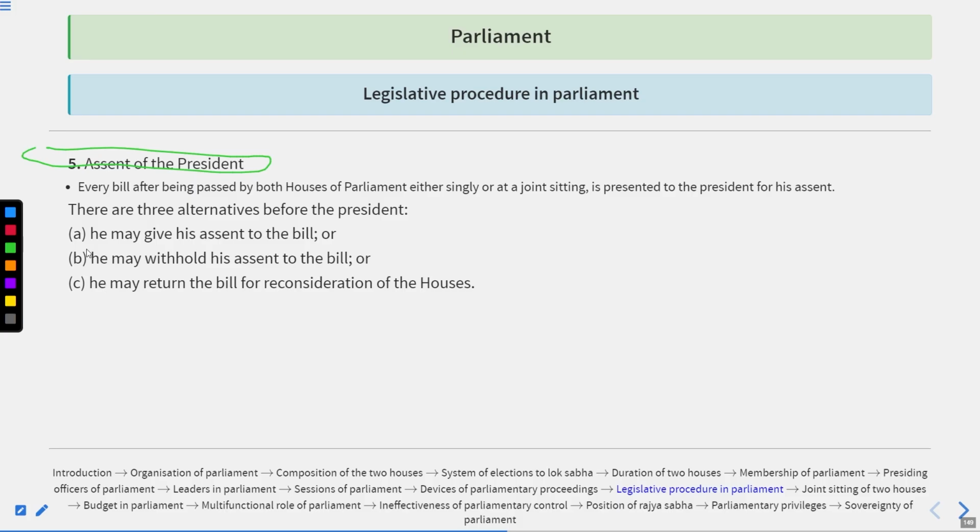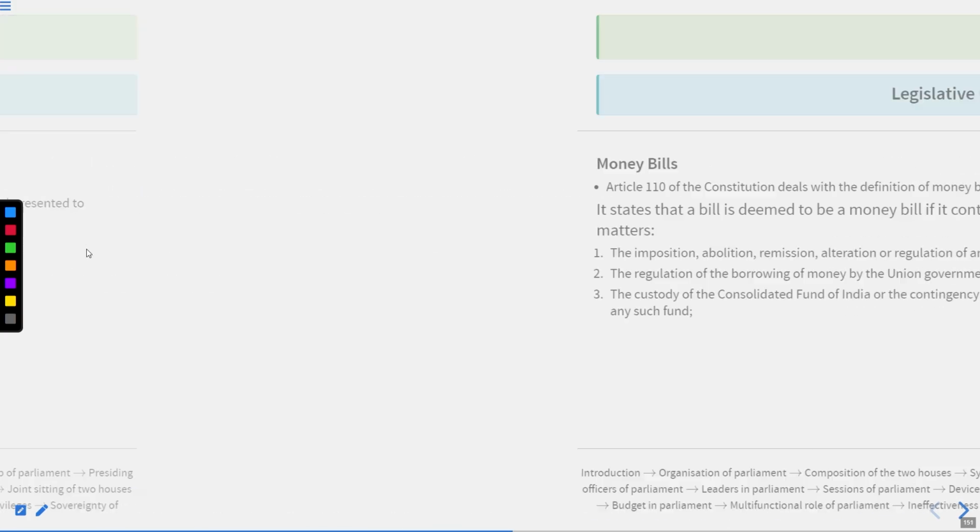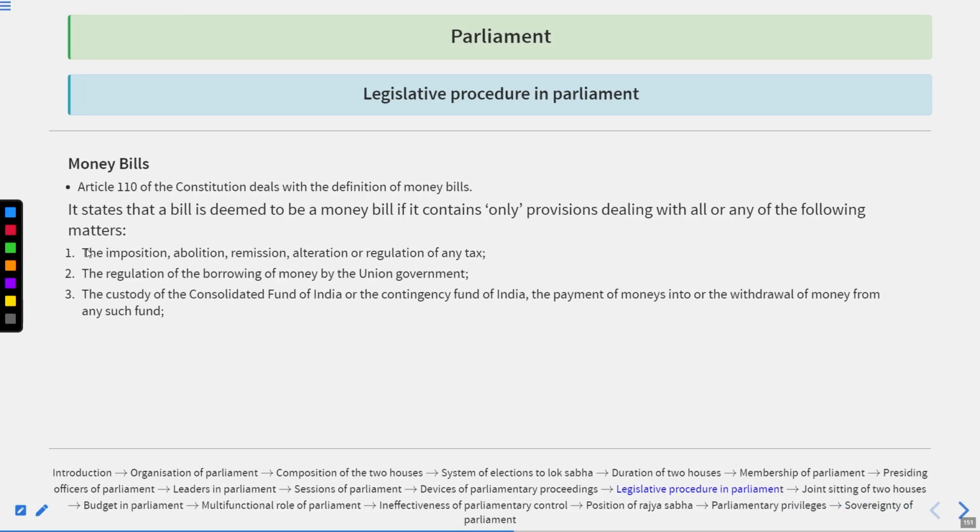Now, what we have to see under the topic of legislative procedure in parliament is very important. That is what we call a money bill.